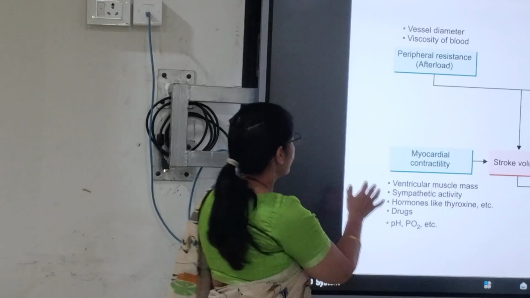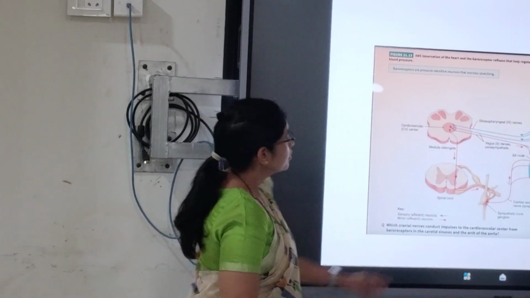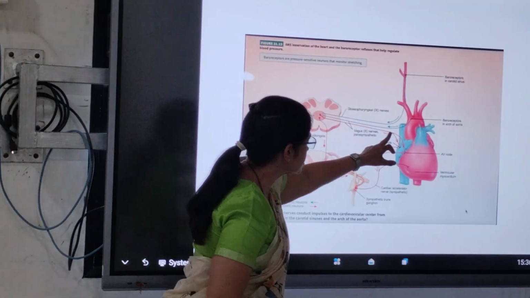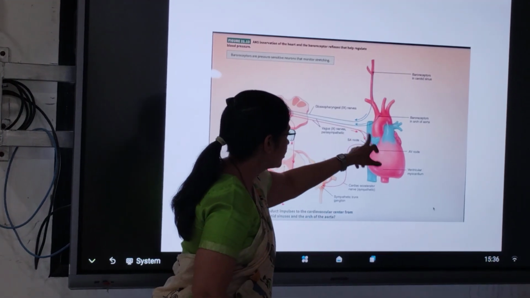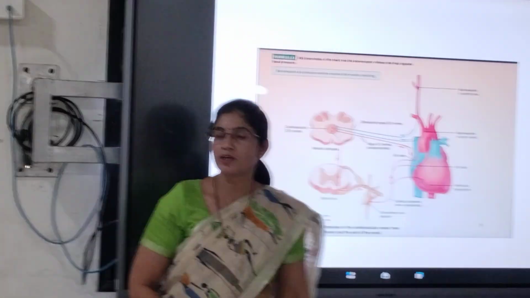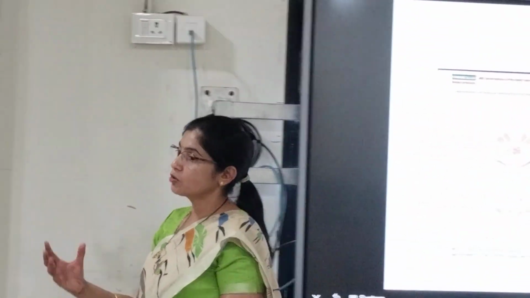Second is your vagus nerve, which supplies the SA node and AV node, and the vagus nerve also carries some sensory impulses from your aorta and the carotid arteries.